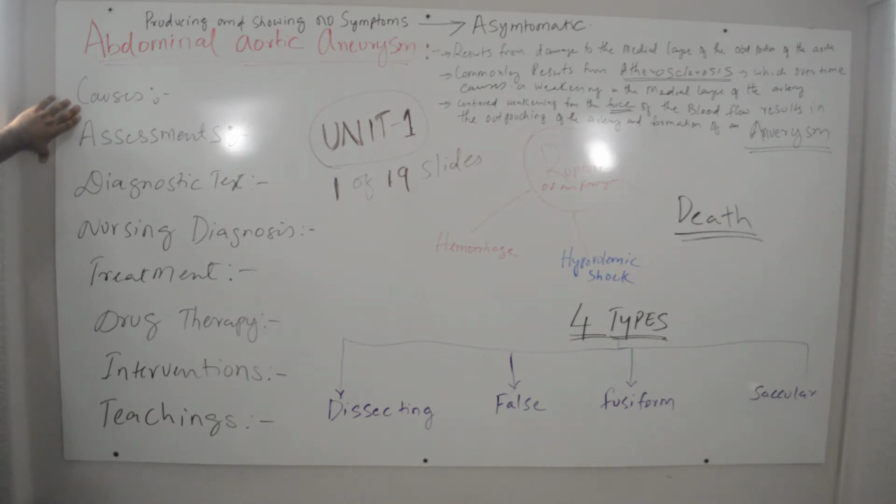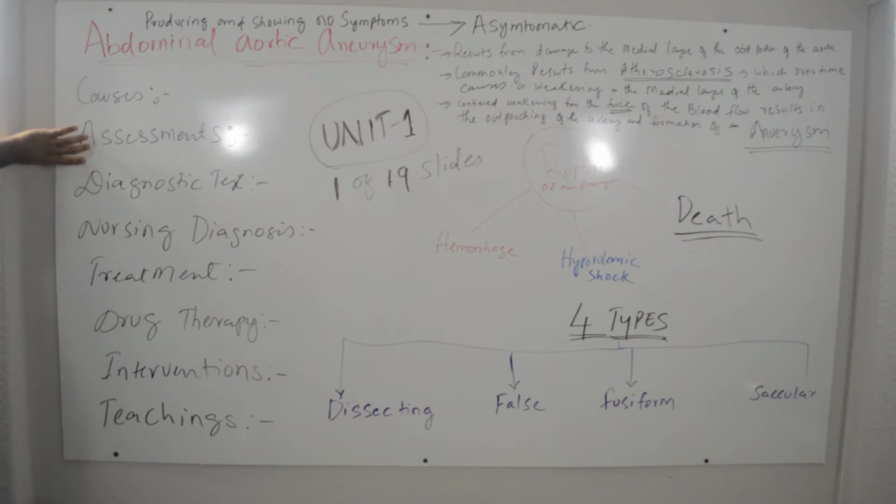Now, most of the people that I have seen that have this have a history of hypertension, and they have a history of atherosclerosis. I have never come across anybody with Marfan syndrome or syphilis or trauma. I have not seen that in my nursing career. I'm also a new nurse, so I might come across it later in my life, but as of now I have not seen this.